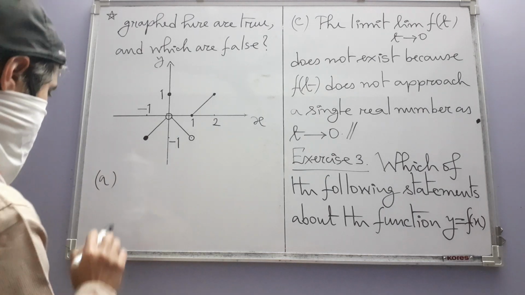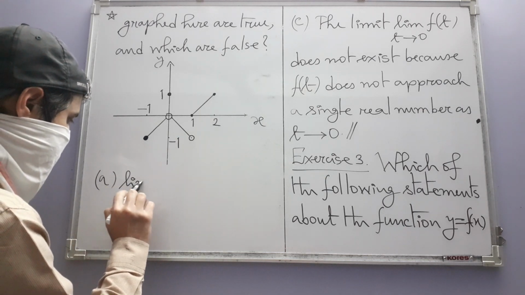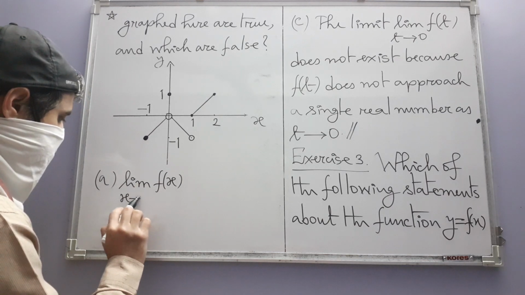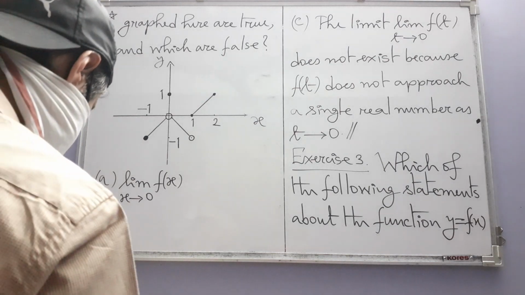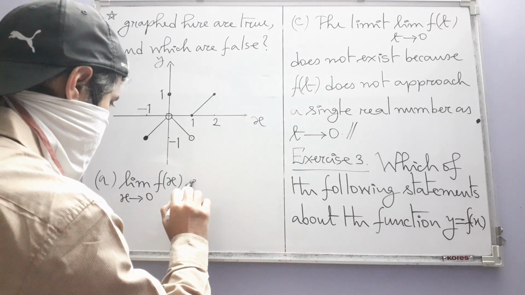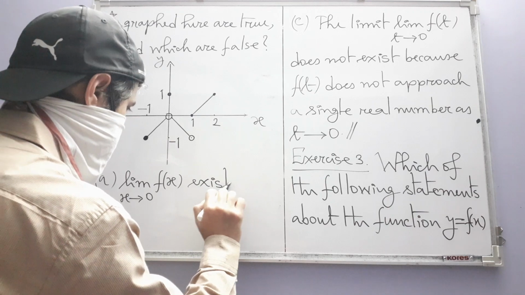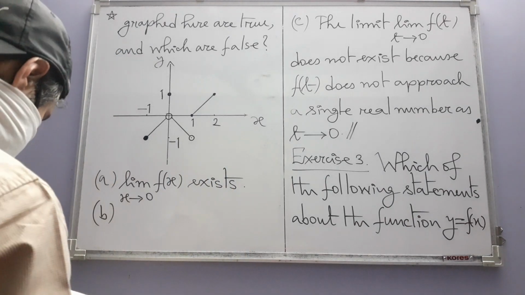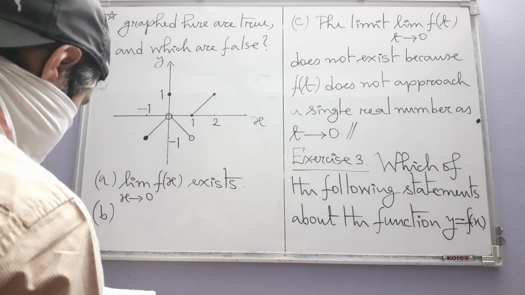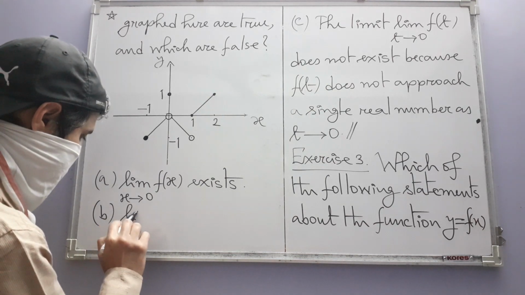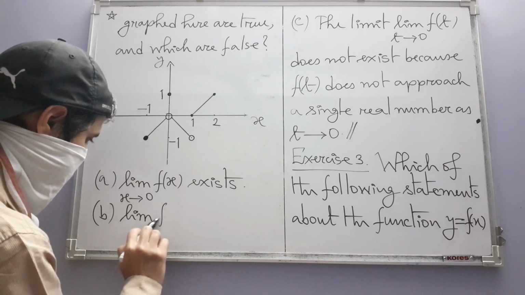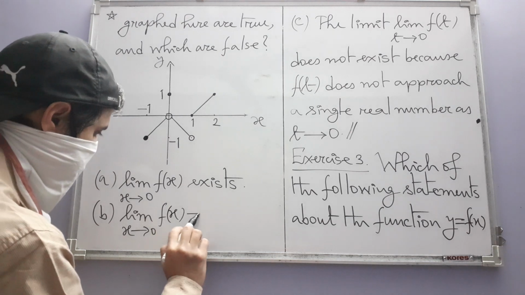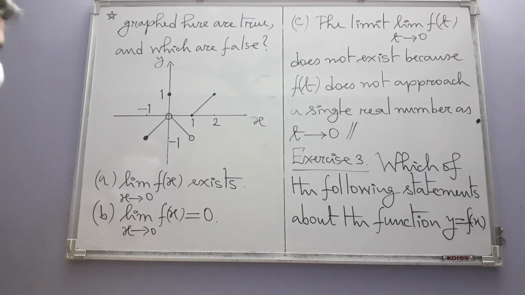A. The first one is this: limit of f of x as x tends to 0 exists. So that is the first one. The second one, B, is that this limit not only exists but its value is 0. That is the second one.